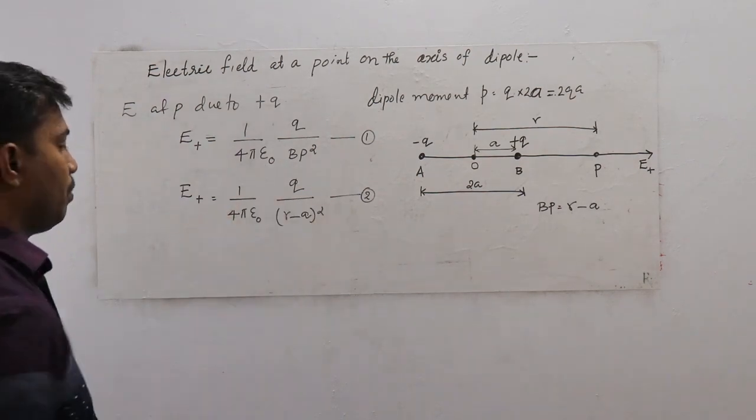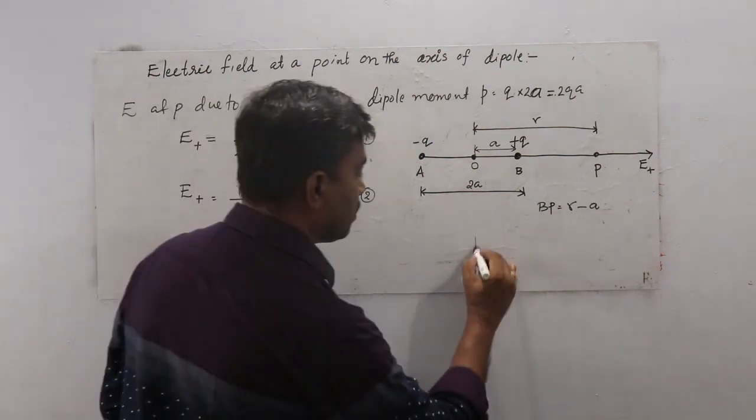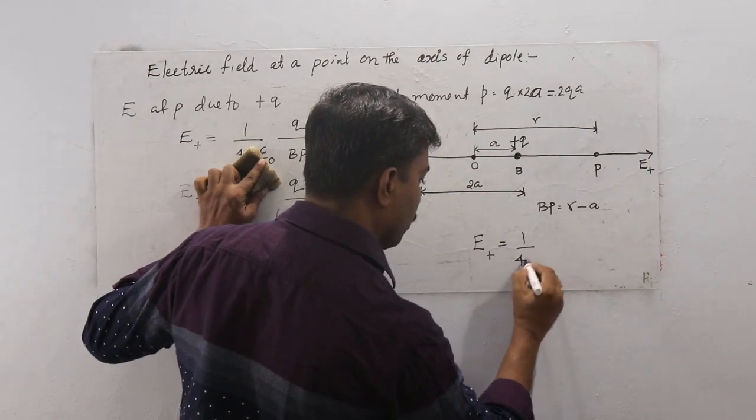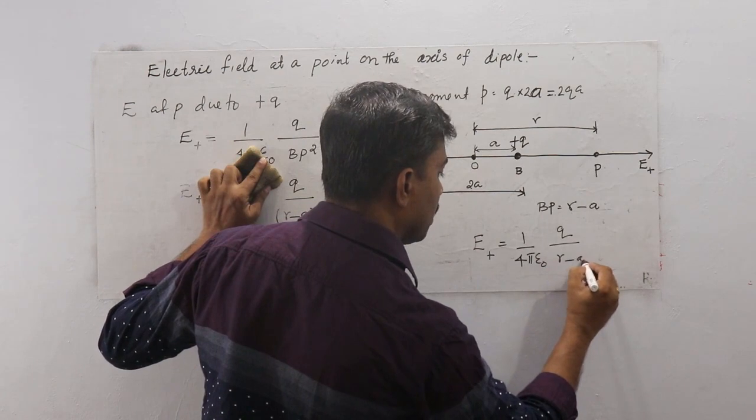So the electric field at a point due to the positive charge is E plus equal to 1 by 4 pi epsilon 0 Q divided by R minus A whole square.